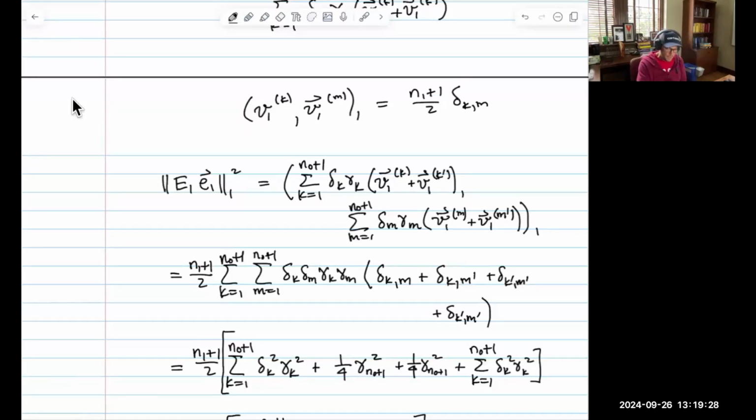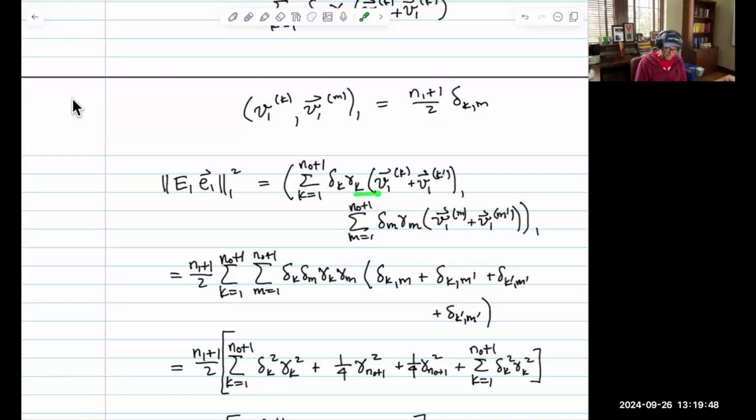So it's 0 because they're orthogonal to each other, except when k and m are equal, and then I get the normalization constant. The normalization constant nicely comes out to be (n1 plus 1)/2.